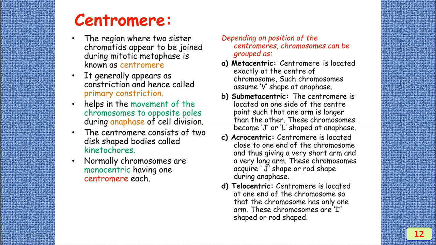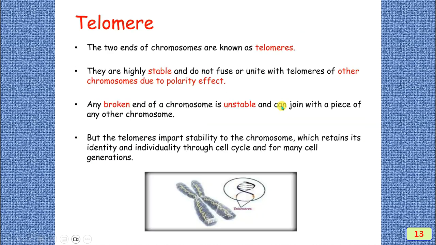Acrocentric has the centromere close to one end of the chromosome, giving a very short and a very long arm, and these chromosomes acquire a J shape or rod shape during anaphase, and we will see the photos. And telocentric has the centromere at one end of the chromosome, so that the chromosome has only one arm, and these chromosomes are called I shape or rod shape.